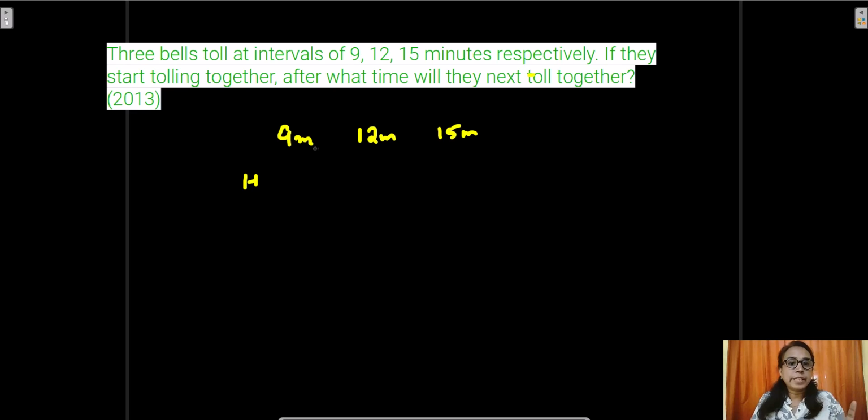That is 9, 12 and 15. First one ringing at 9, next one 12 minutes, next one 15 minutes. So HCF of 9, 12 and 15, the common factor is 3. So it will not happen at 3 minutes, right?